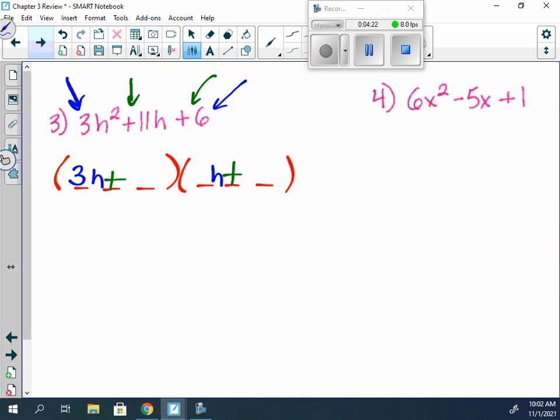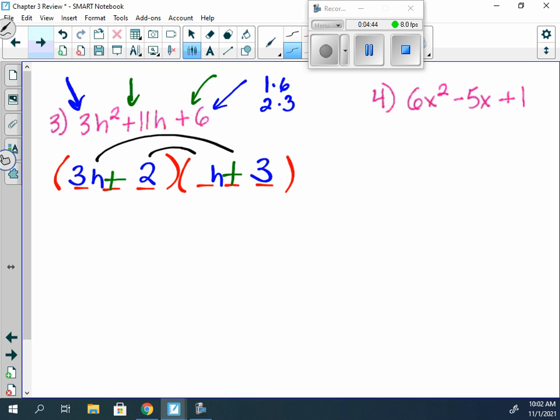Now, the factors of 6 are, which one do we want to use? We can try 2 and 3. If it doesn't work, we can change it, because again, our last step is to check it.